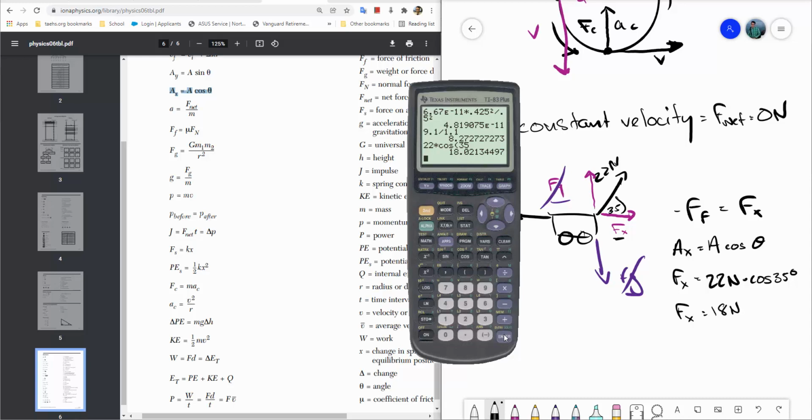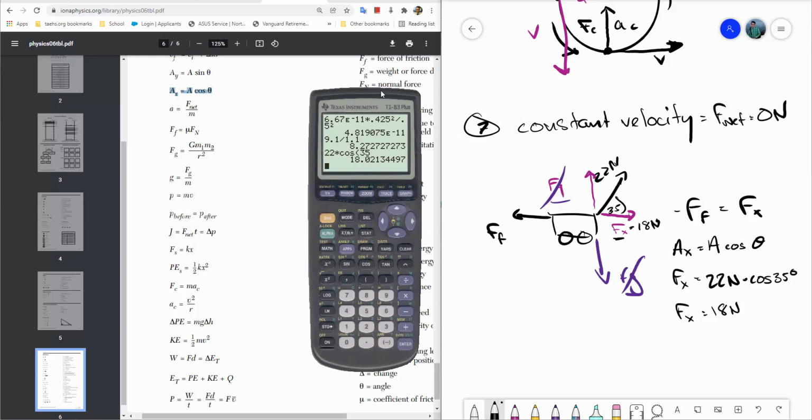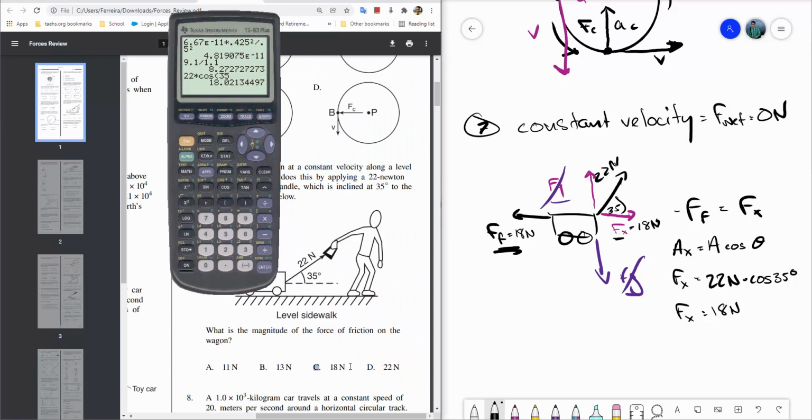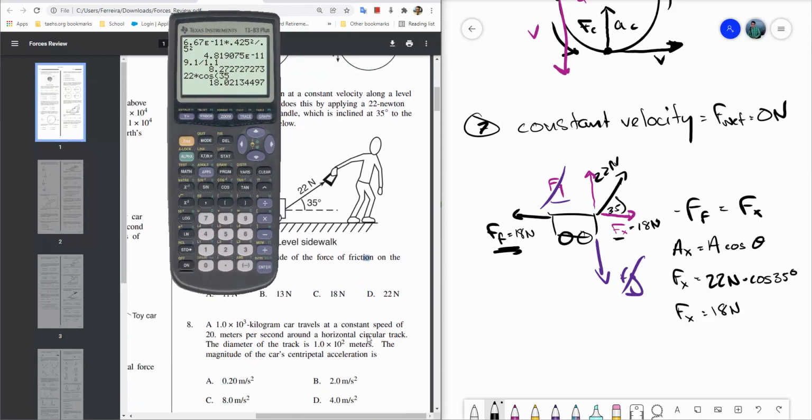And if you're pulling with 18 newtons along the x, that means the force friction, to cancel it out completely, is resisting with 18 newtons in the opposite direction. So your friction is 18 newtons left, or choice C. The magnitude of friction is 18 newtons, C.